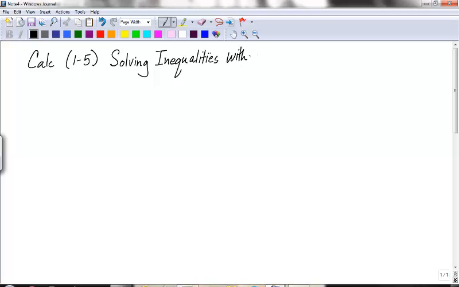This is solving inequalities with an error of plus or minus 0.01, and solving absolute value inequalities.